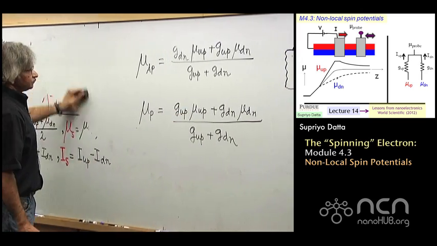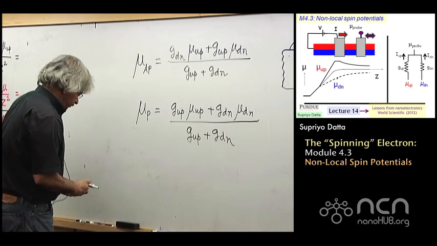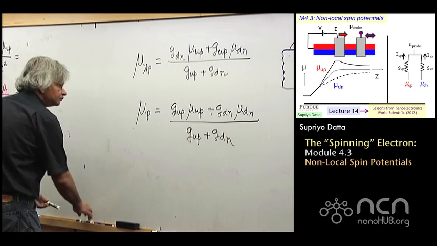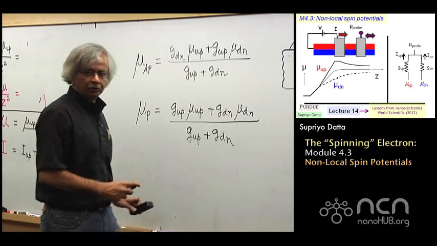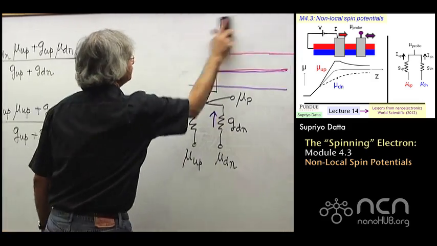Now what I can do easily is find the difference between the two. So in fact, let me do it over here. I don't need this picture anymore. I'm just finishing up.